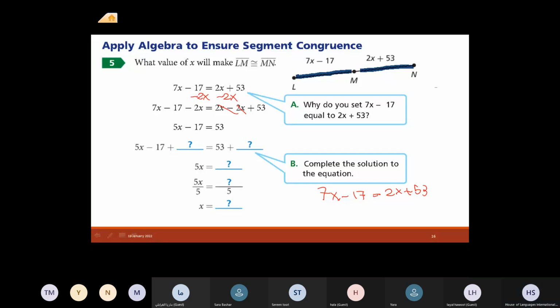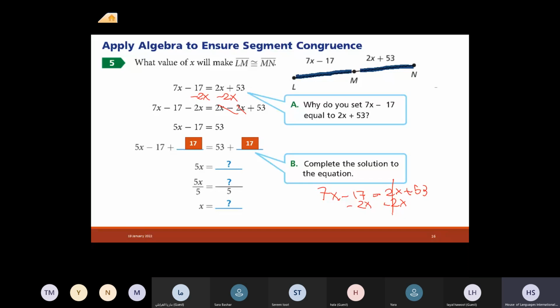Minus 2x, minus 2x. The sign of 2x is plus, so we subtract 2x to cancel it. So 7x minus 17 minus 2x equals 2x minus 2x plus 53. Now 5x minus 17 plus what? What do you have to fill in the blanks here? Tamara said positive 17, positive 17. Yes, continue.